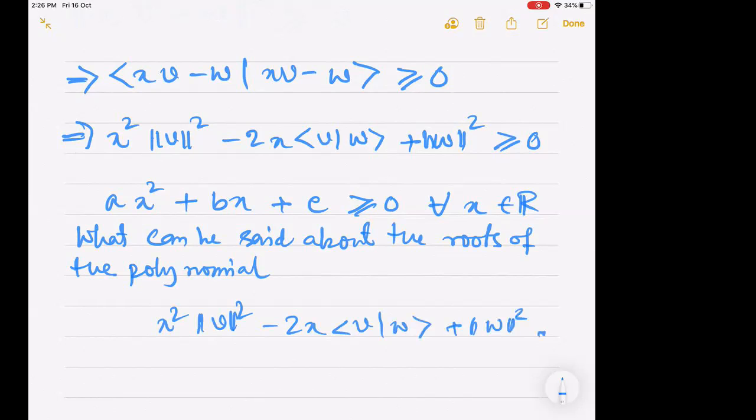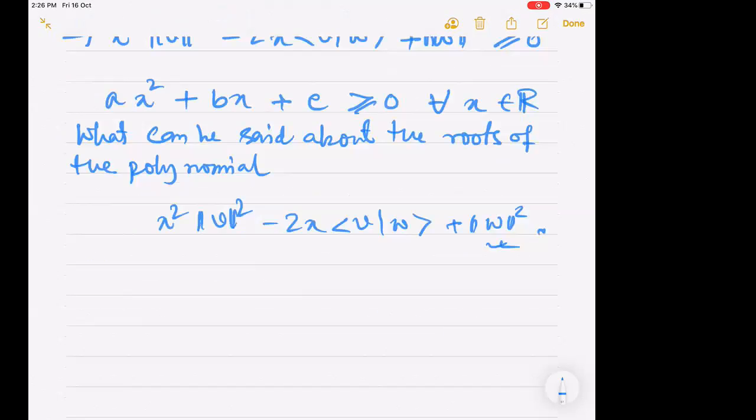What can we say about the roots of this polynomial, given the fact that this quantity evaluates to a non-negative number for every real number x? What can we say about the roots? That is your question, which will be a homework.